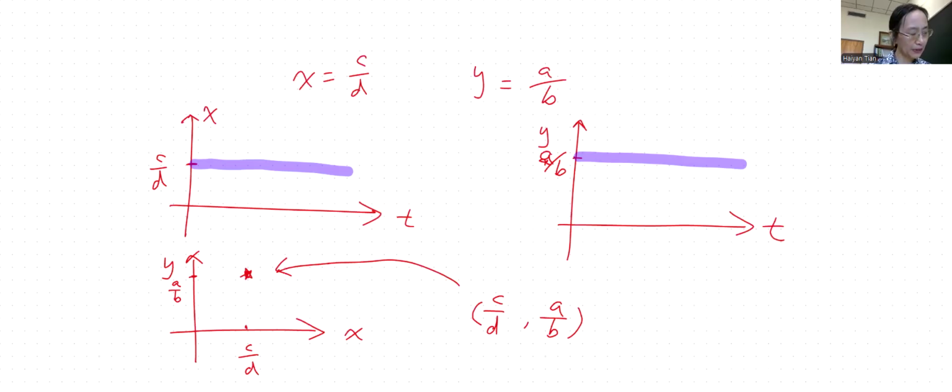So this point, we have a name, we call it equilibrium point. Just like 0, 0, that's another equilibrium point. So we have found 2 equilibrium points for this autonomous system of equations.